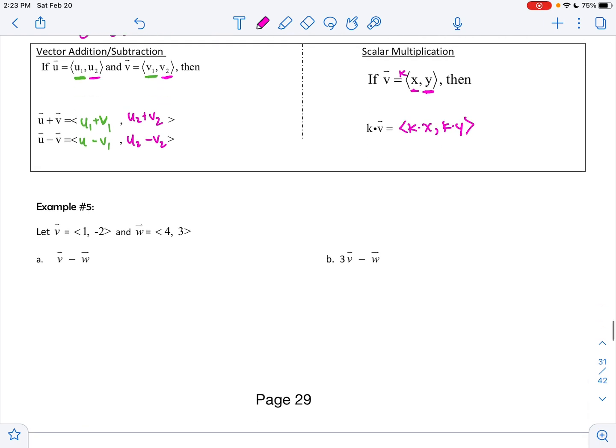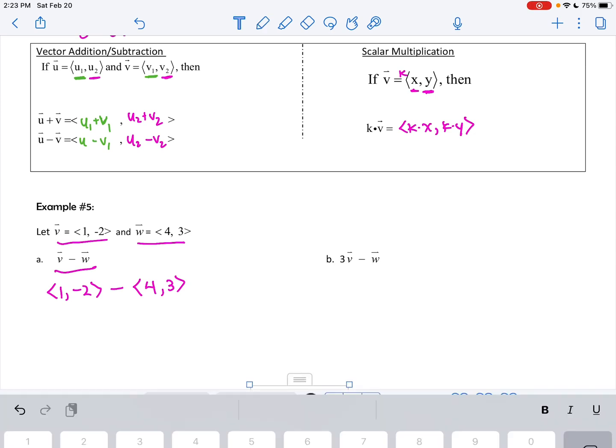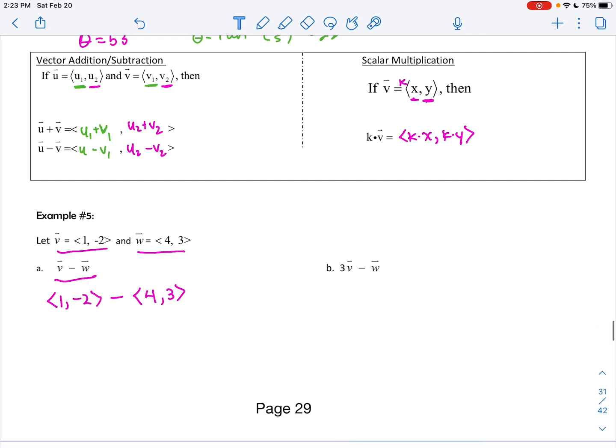So down below here, for example number 5, if you were given vector v written in component form, vector w written in component form, perform this operation, v minus w. So what I'm going to do is write the component form, write the minus sign, and then the component form for w. So this represents me substituting in the component form for v, component form for w, and now doing a simple subtraction or combination of the two vectors.